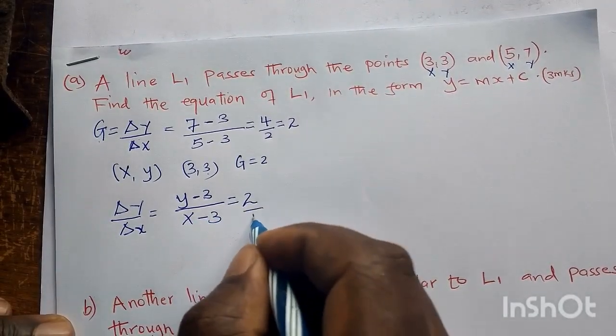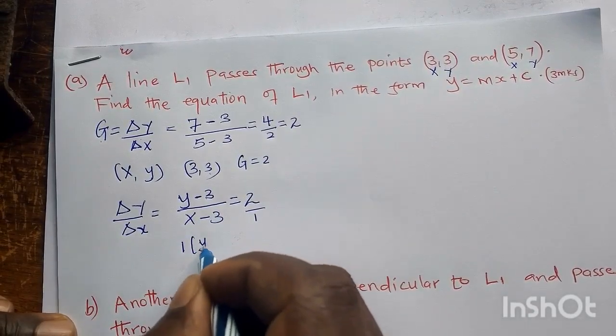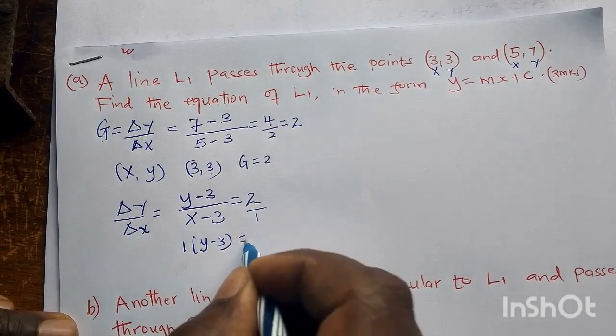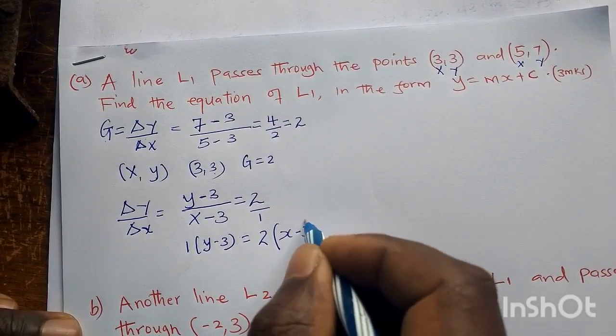So we can put 2 over 1 so that we can cross multiply: 1 into y minus 3 is equal to 2 into x minus 3.